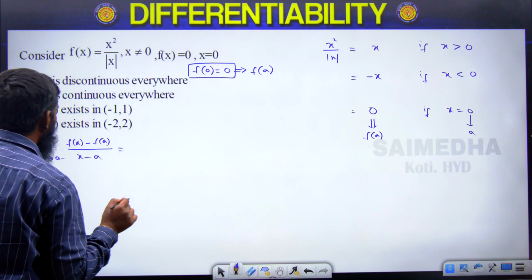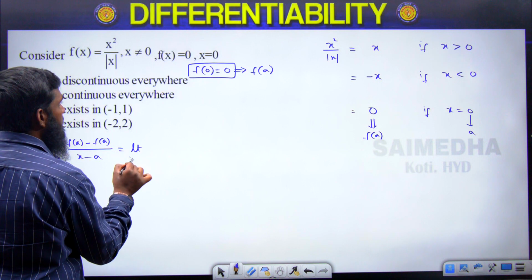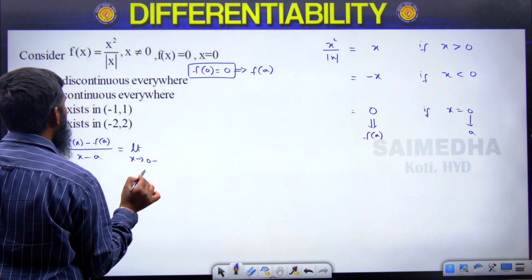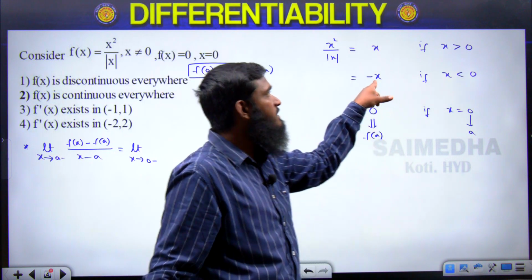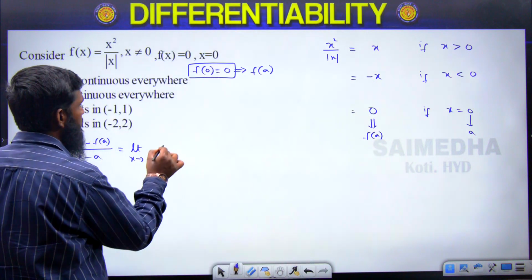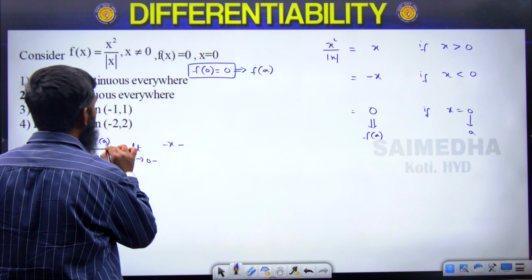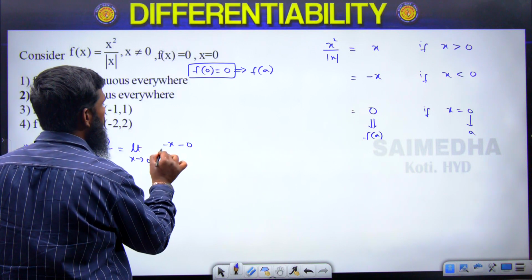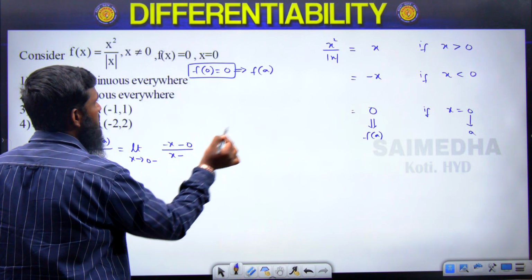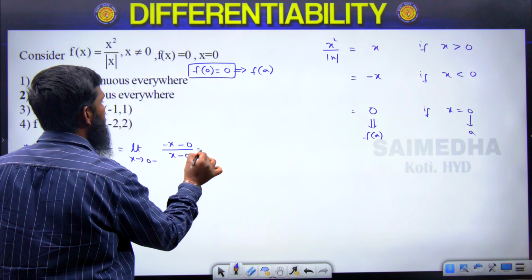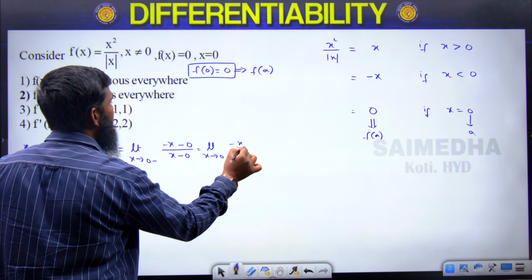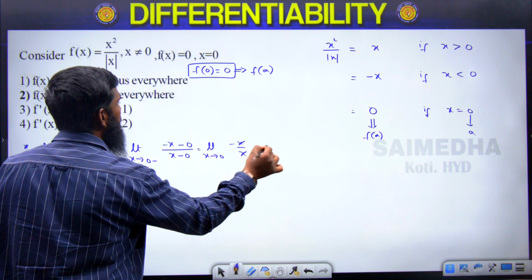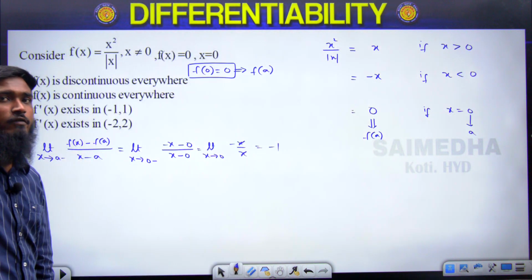It is equal to limit x tends to 0 minus, where f of x is equal to minus x. So minus x minus f of a value, which is 0, divided by x minus a value, which is 0, which is equal to limit x tends to 0 minus x by x, which is equal to minus 1.